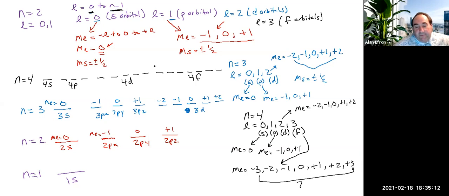And again, the numbers roll just like that in terms of the M sub L. So it's not until we get to the fourth energy level that we start to see the presence of those f orbitals based on the quantum numbers. Question on that one there?